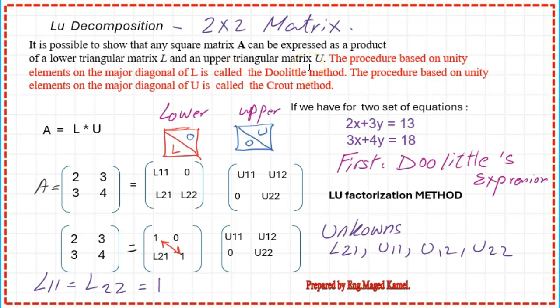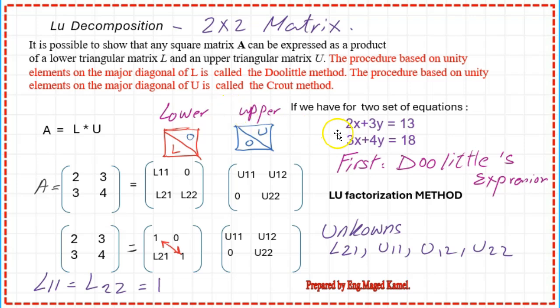This is the method adopted by Doolittle, considering that the main diagonal of the lower matrix is 1, while the other method considers that the diagonal of the upper matrix is unity. This is called Crout's.